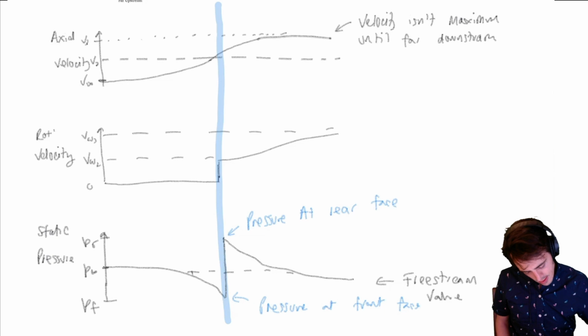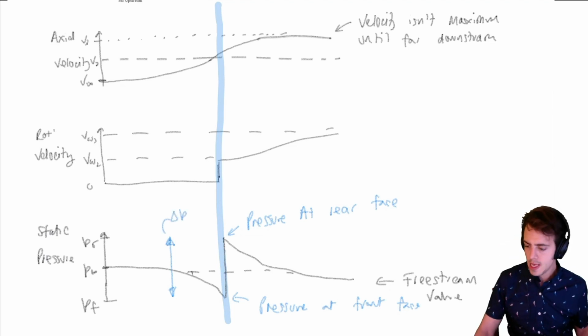Then this distance here between the two is our pressure increment, delta P. Now that's directly what's causing thrust in our propeller.